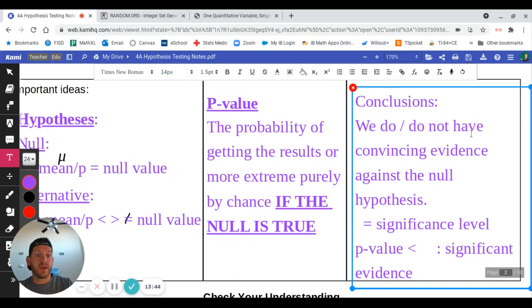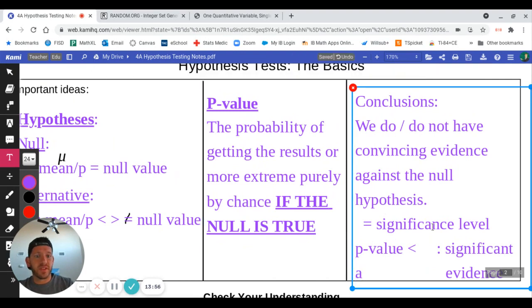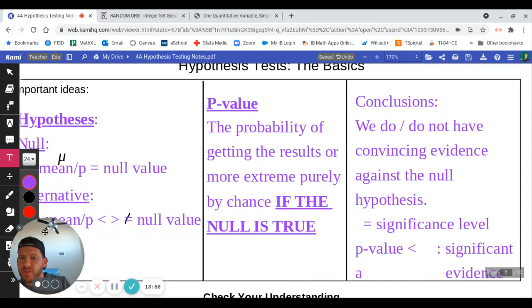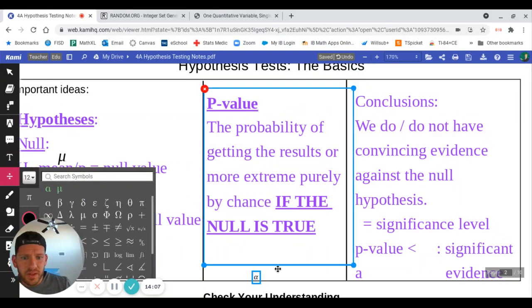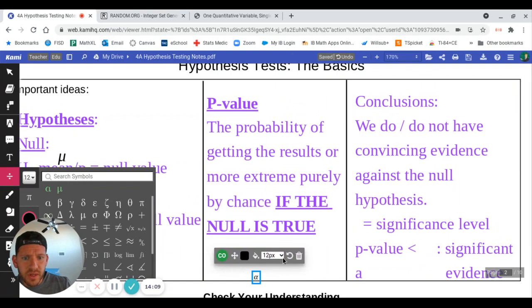So let's talk about that significance level. That significance level is normally 5%. Can use other values as well. There it is. It is alpha. So nice Greek letter that you should recognize. That is alpha.